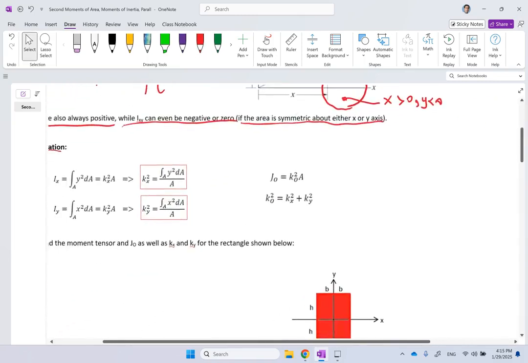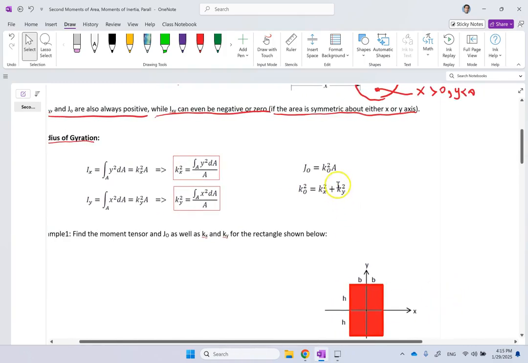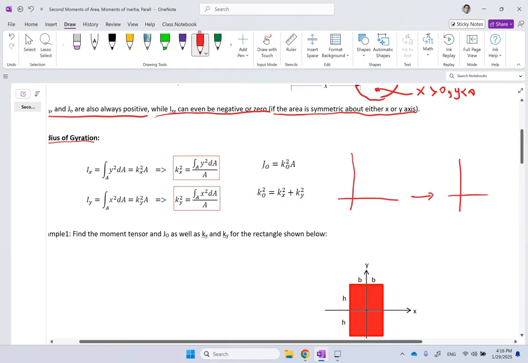Now, similarly, we can have a similar notation for the second moments. What is that? Here, we are going to, again, squeeze the whole actual surface into a single point. So this is the actual surface.